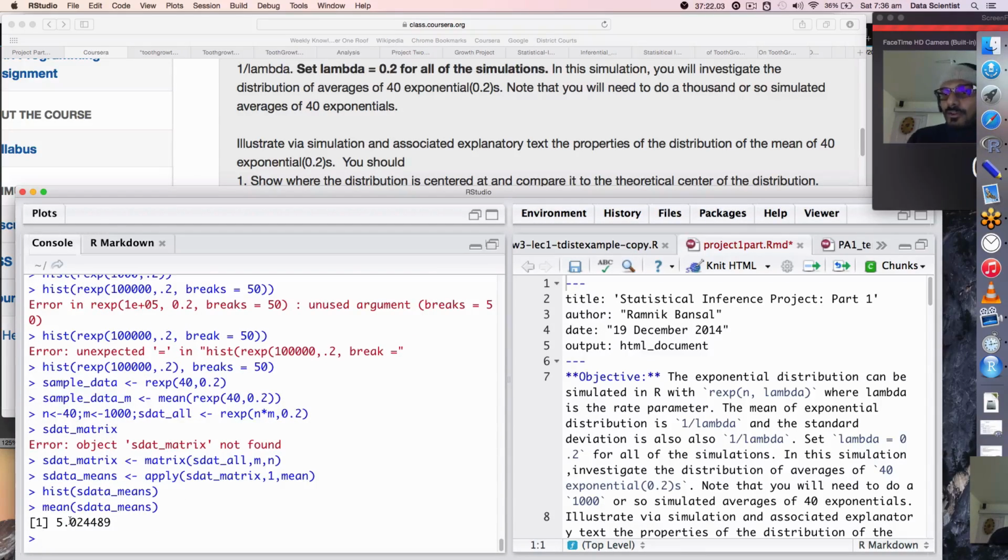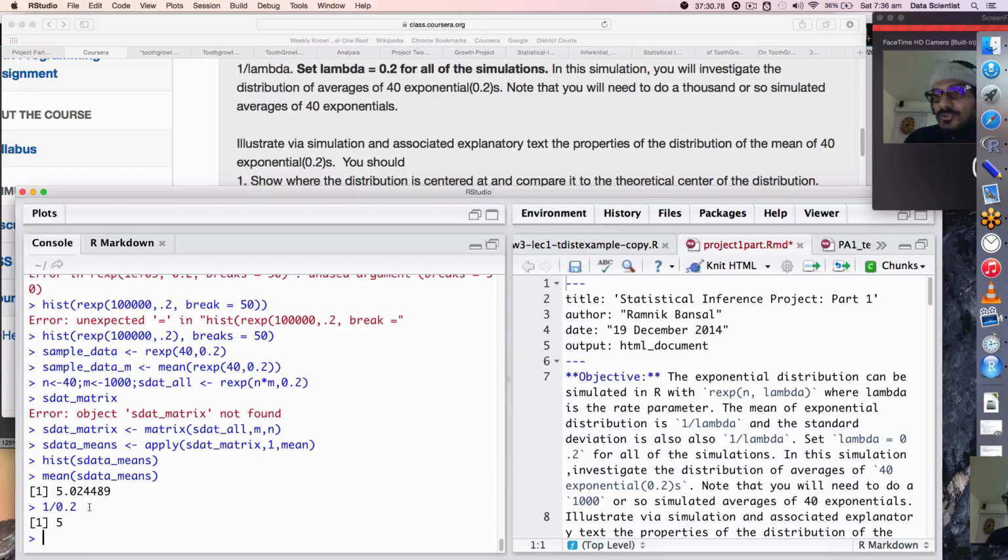Okay. Now the theoretical mean should be what? 1 upon lambda, right? That should be 1 upon 0.2, which is 5. So we see that what we created and what should be there as the theoretical mean are close to each other. Have you got this?